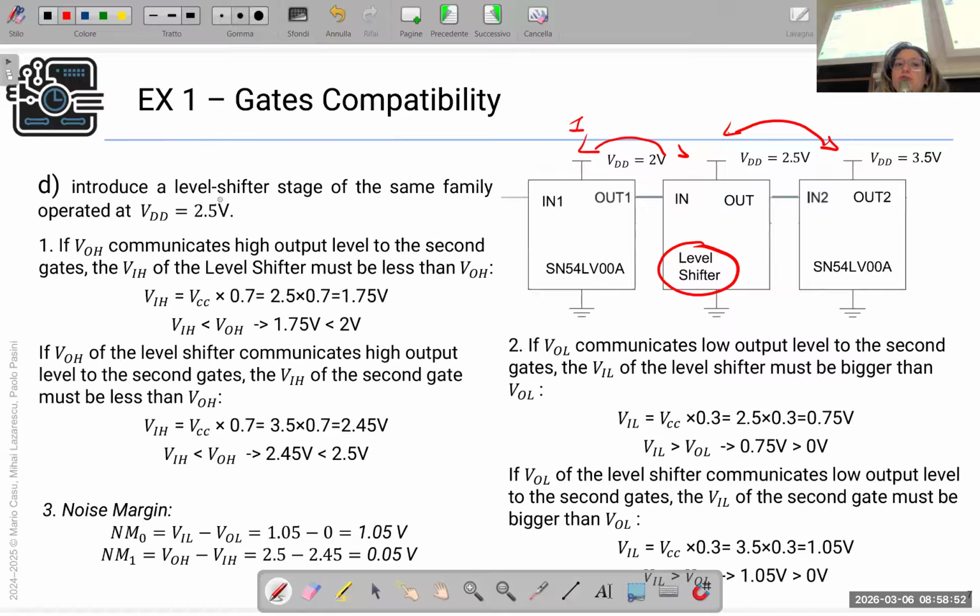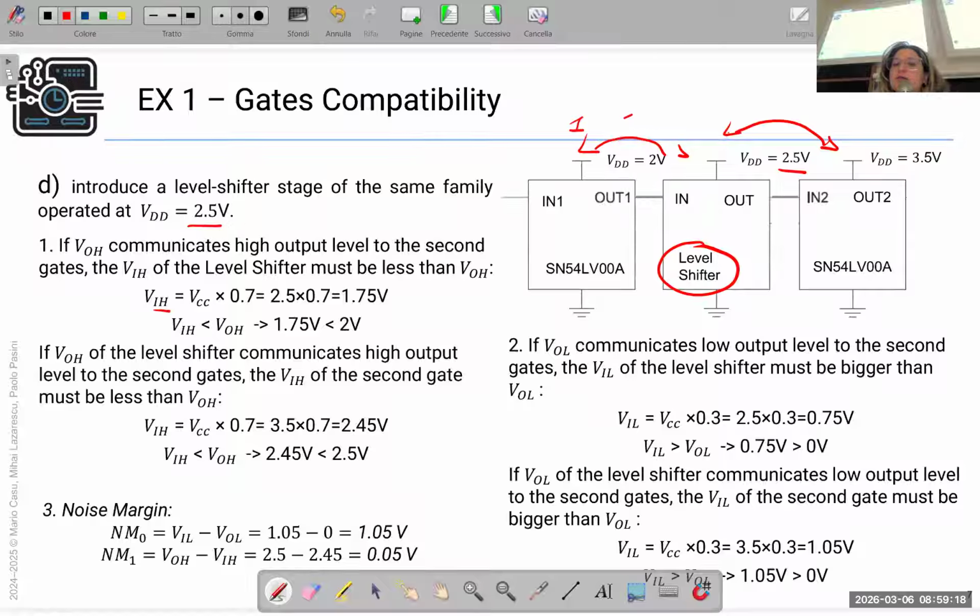So, if we introduce a level shifter of the same family, which operates at 2.5, we have to see the voltage input and output low and high always from the datasheet, because it's of the same family. And the voltage supply applied to it is 2.5.